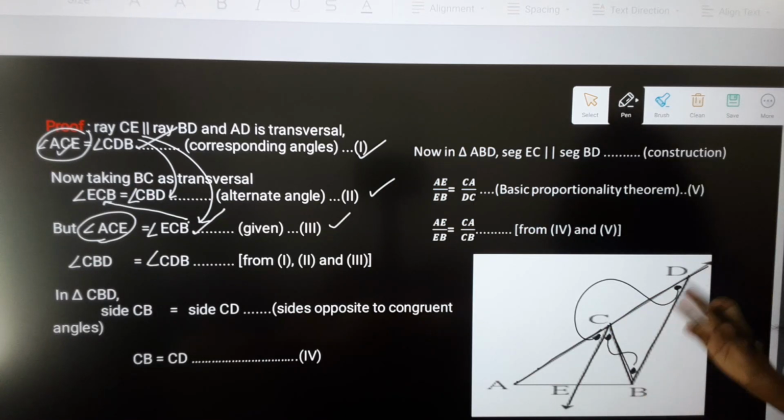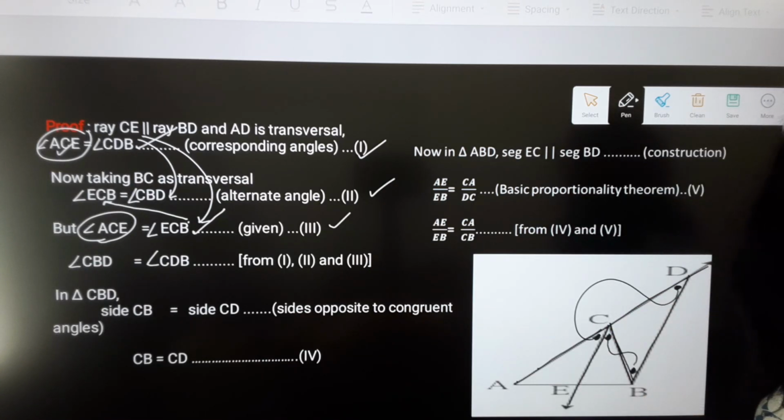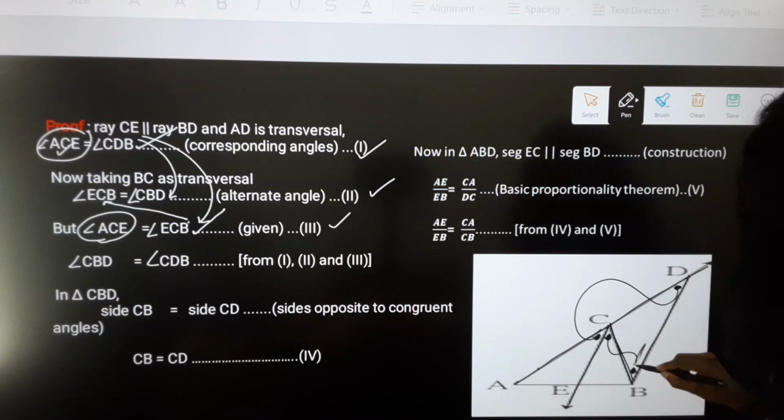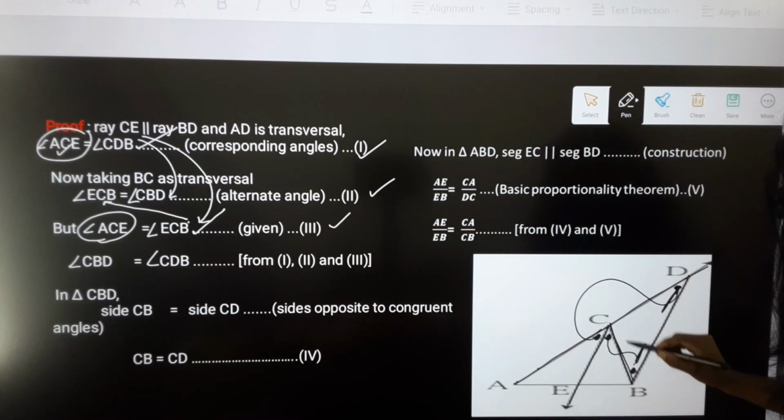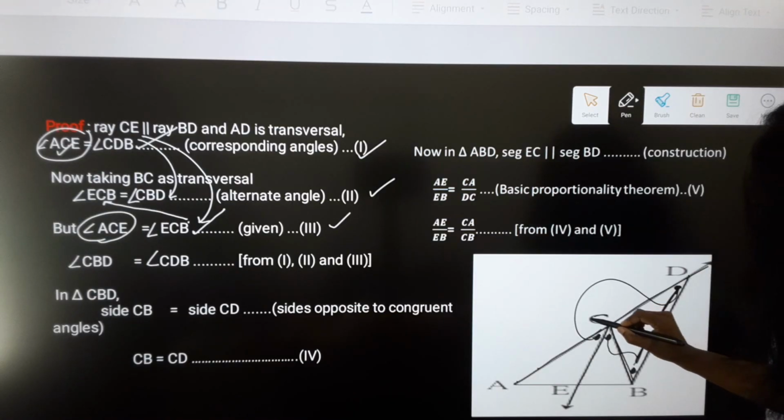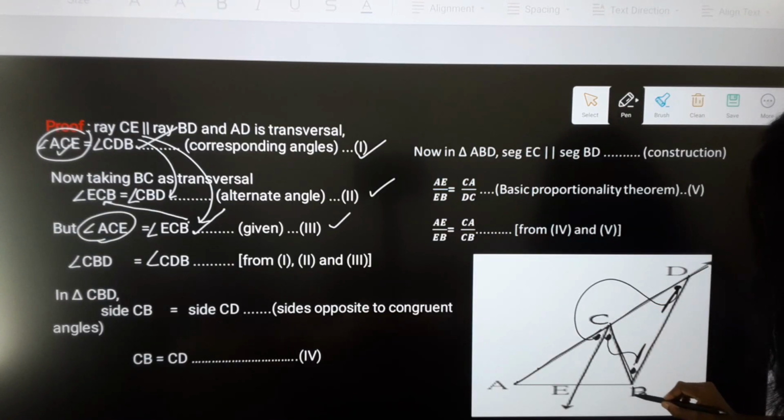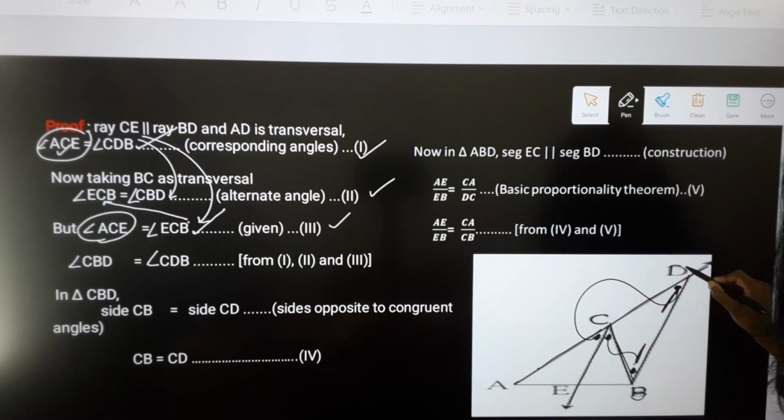So automatically these four angles are congruent. And these two angles are contained in the CBD triangle. Okay, students? And that's why these angles are congruent.